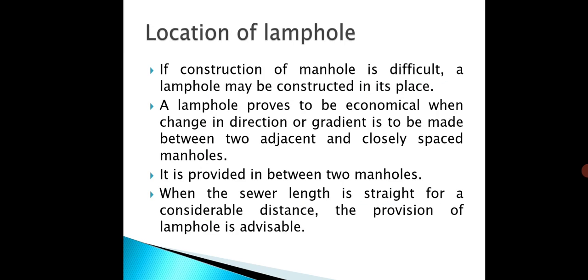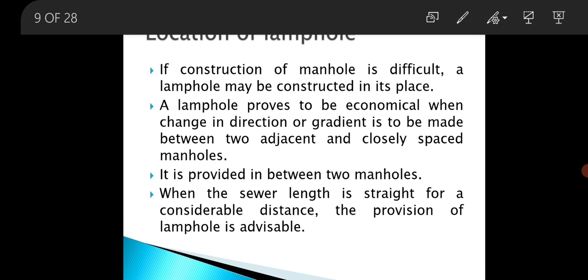Then where is the location of the lamp hole? Lamp hole can be placed where it is difficult to construct a manhole. So in place of manhole, a lamp hole can be constructed. Then a lamp hole is to be provided when there is a change of direction or gradient between two adjacent manholes.